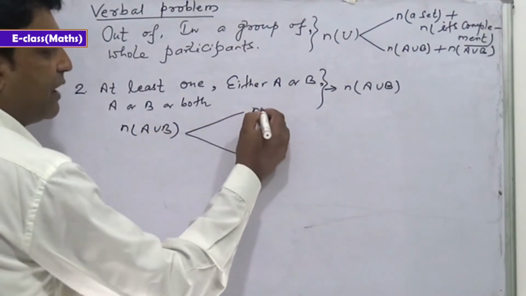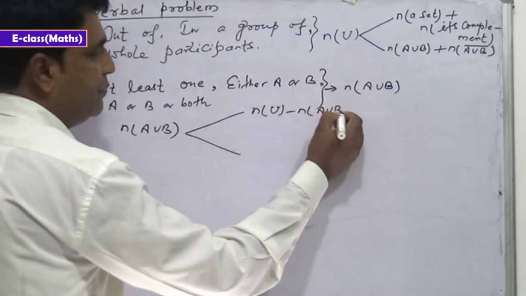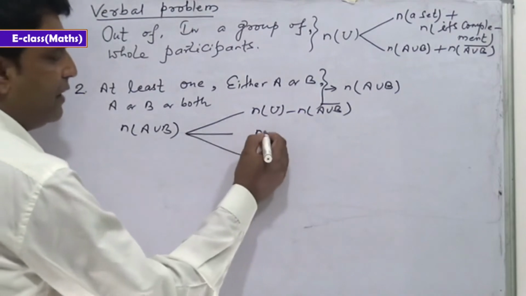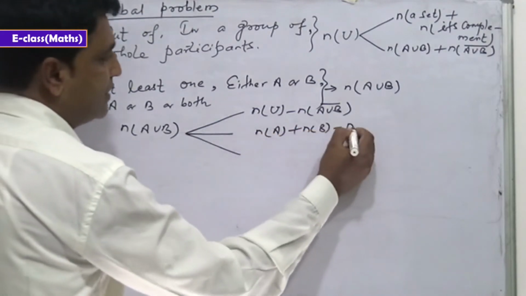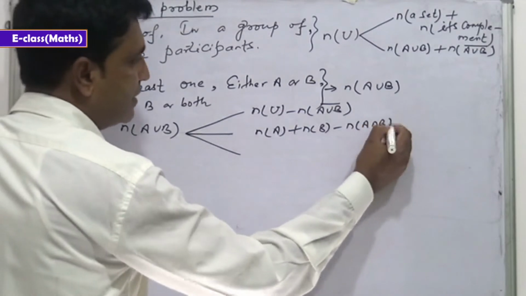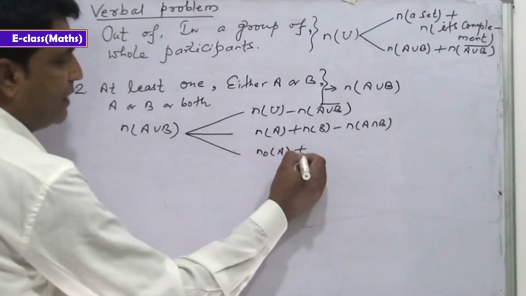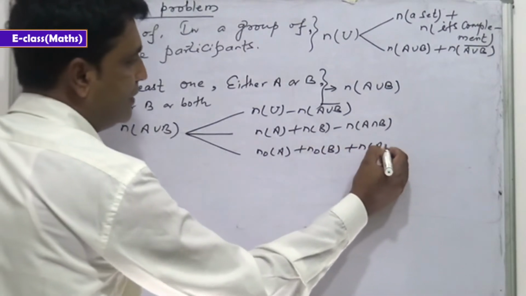Some of them you can write n(U) minus n(A union B complement). Some of them you may write n(A) plus n(B) minus n(A intersection B). You may write n(only A) plus n(only B) plus n(A intersection B).